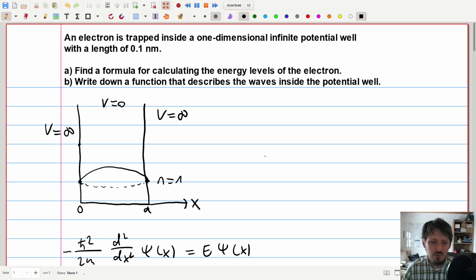And for n equal 2, this would look like that: you have an additional node in the center, and then the wave, when you calculate this sine function, would look like that. Yeah, and the same you can also do with n equal to 3, where you will get 2 nodes in the center, and then 4, and so on. And so your wave function actually changes according to the state.